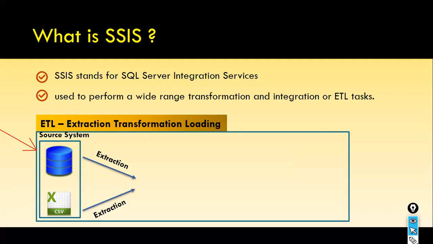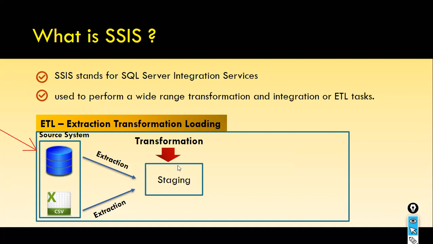So you need to create some reports or dashboards. In order to do that, you need to have the data from this source system. So this is the origin where we take the data, and then we do the cleaning in a temporary place called the staging area. This staging area could be a database or a flat file.